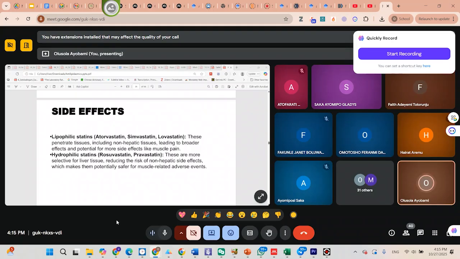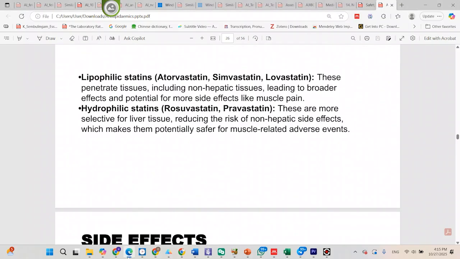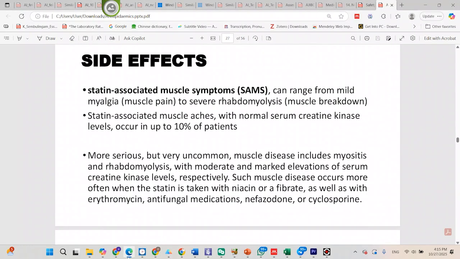Now, this might prevent some muscle-related adverse events. So the major side effect of statins is statin-associated muscle symptoms, SAMS. It can range from mild myalgia to severe rhabdomyolysis, the muscle breakdown. The statin-associated muscle effects can occur with normal serum creatine kinase.